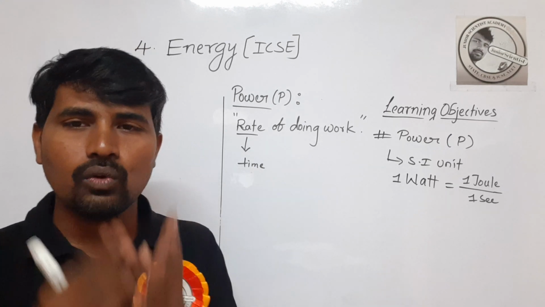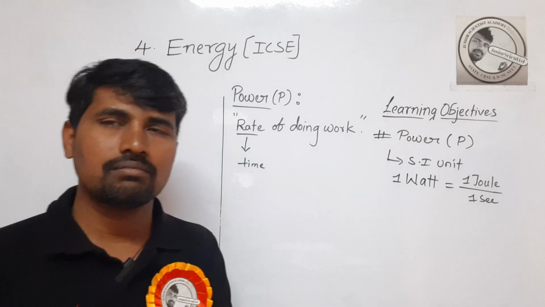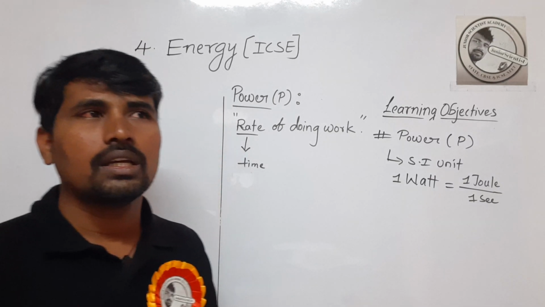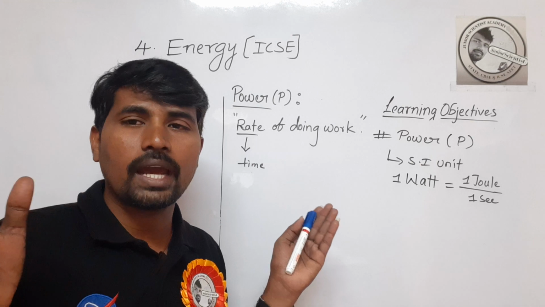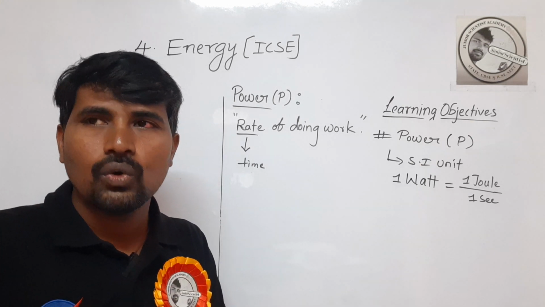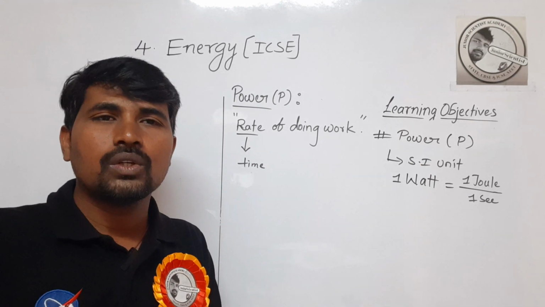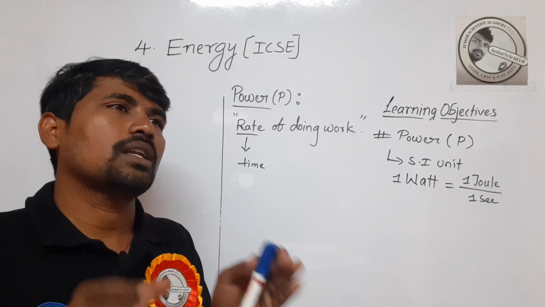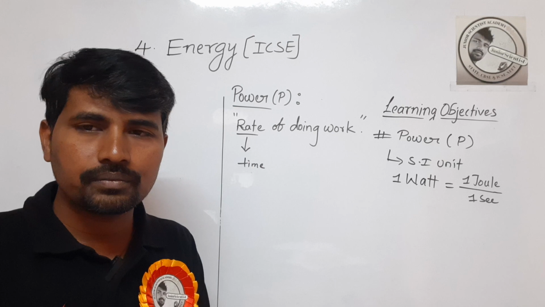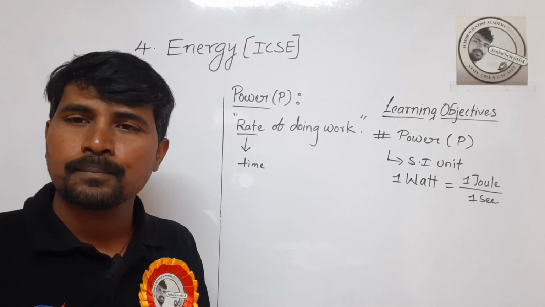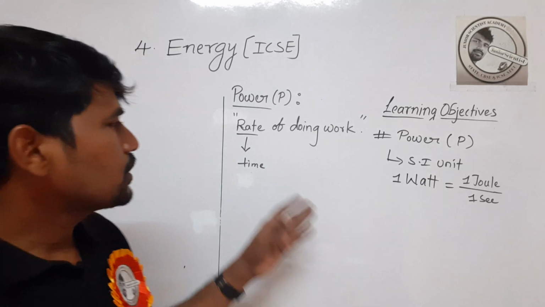It has taken only 5 minutes to fill the tank, but motor B has taken 10 minutes, meaning it has taken more time to finish the work. Those persons or machines that finish in less time have more power. Yes, you can take so many examples.